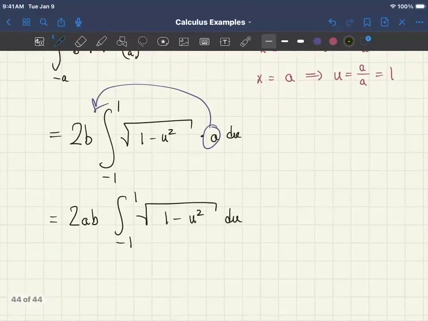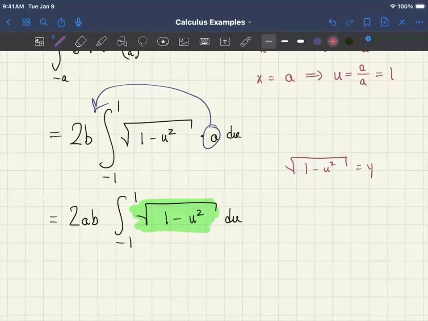All right, now that we have this, there should be alarm bells going off in your head when you look at this particular equation, right? 1 minus u squared under a square root should say something to you. Why don't I set that equal to y? This is different from the y that we had to begin with, but let's just set it equal to y.